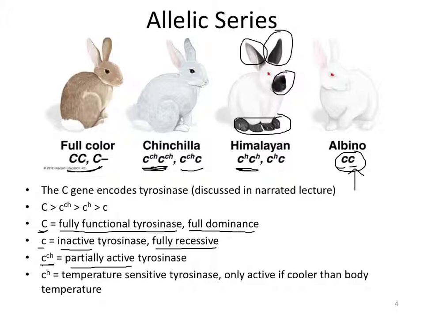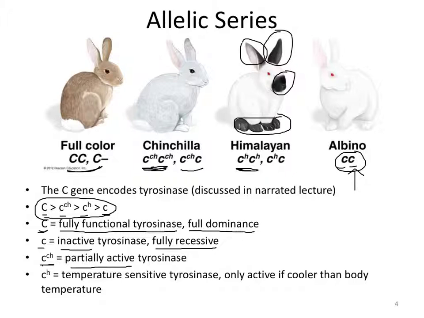Very interesting. Individual studies, where crosses between these rabbits or other animals showing these alleles are done such that you're tracking just two alleles at a time, have shown that the relationship between the alleles is what I have depicted here. The wild type or uppercase C is fully dominant to all other alleles. The lowercase c alone associated with albinism is fully recessive, and the relationship between the chinchilla and the Himalayan alleles is shown here.